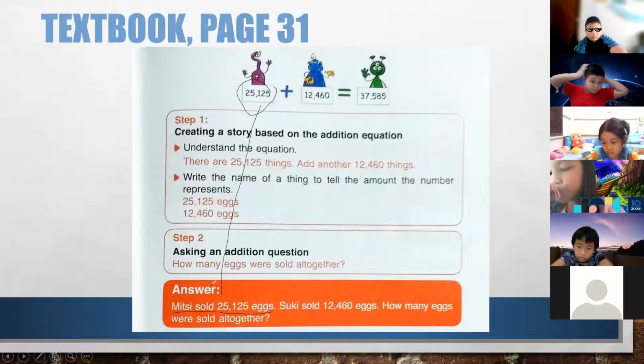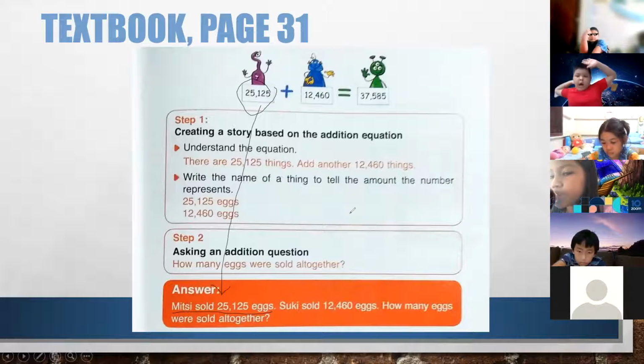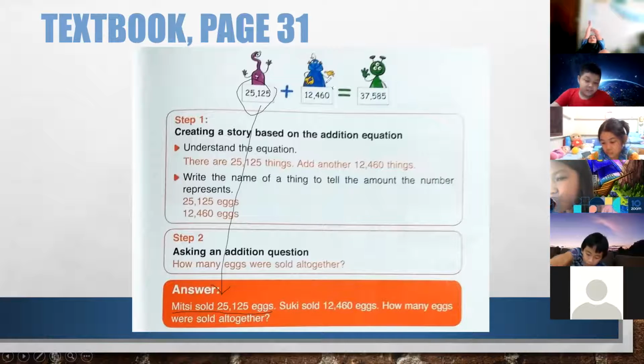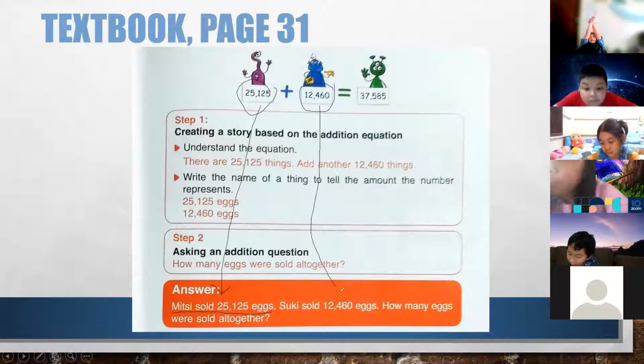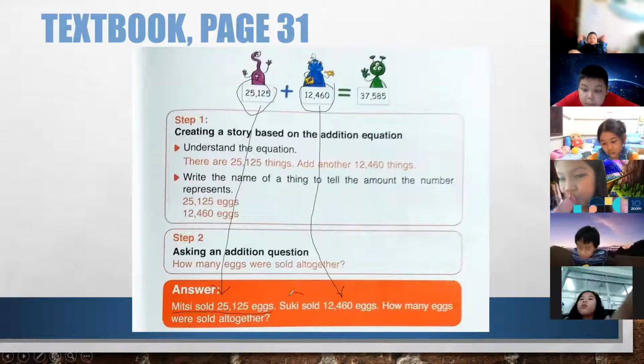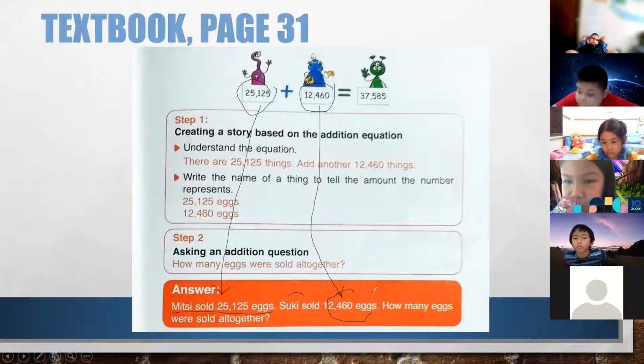And then the second number, your story is about 12,460 eggs. You say, Suki sold 12,460 eggs.